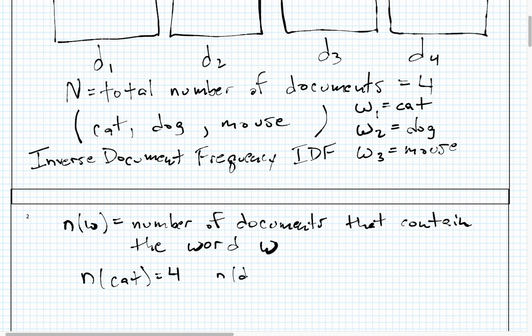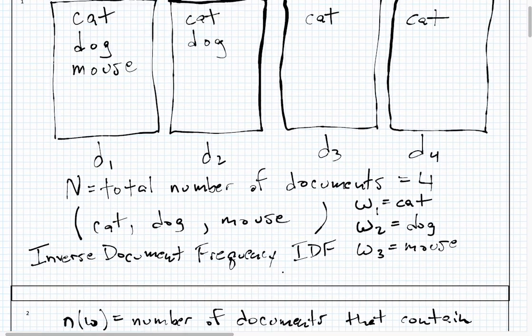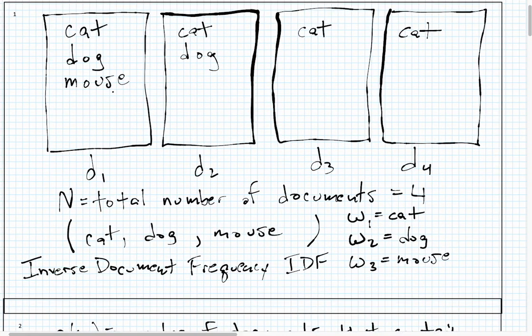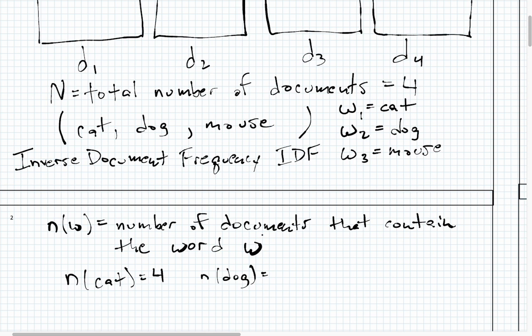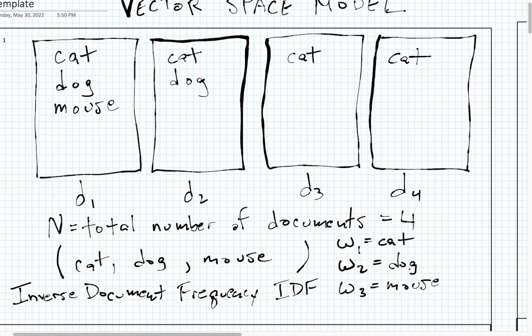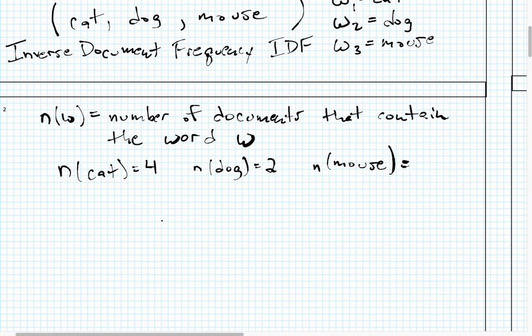N of dog is equal to, and I come up here, and dog appears in 2 documents. So n of dog is equal to 2. And n of mouse is equal to, and I come back up here, and I see that mouse appeared in 1 document. So I come up here, and I say n of mouse is equal to 1.